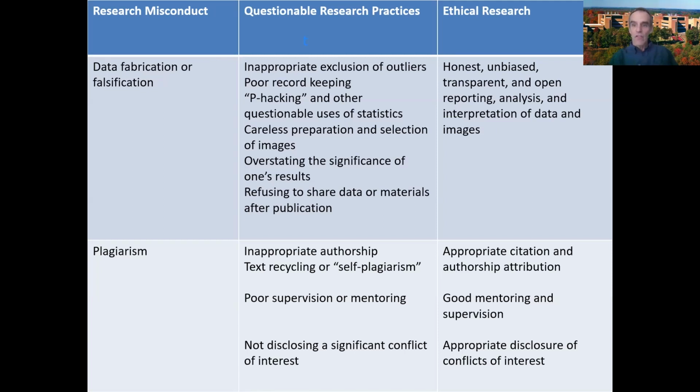So it would be honest, unbiased, transparent, and open reporting, analysis, and interpretation of data and images. In the middle there, you have things that are ethically questionable, like inappropriate exclusion of outliers, poor record keeping, p-hacking, and other questionable uses of statistics, careless preparation and selection of images, overstating the significance of your results, refusing to share data or materials after publication.